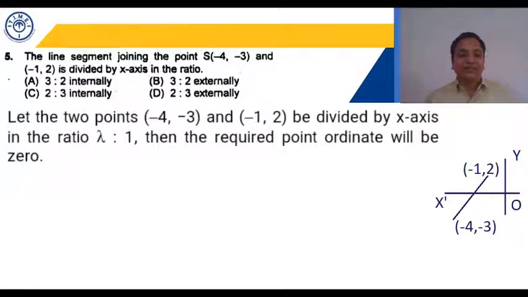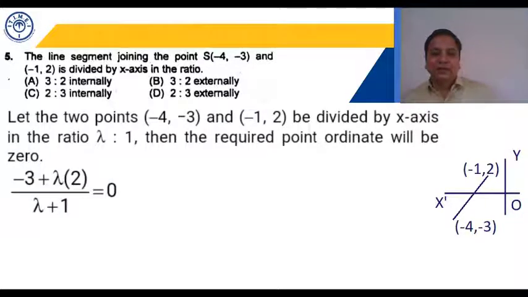Any point on the x-axis has y coordinate 0, and any point on the y-axis has x coordinate 0. We need to find the value of lambda. The required point's ordinate will be 0, because it lies on the x-axis.